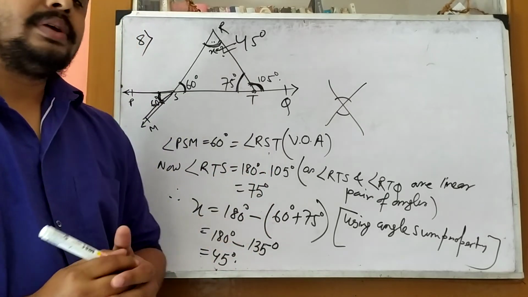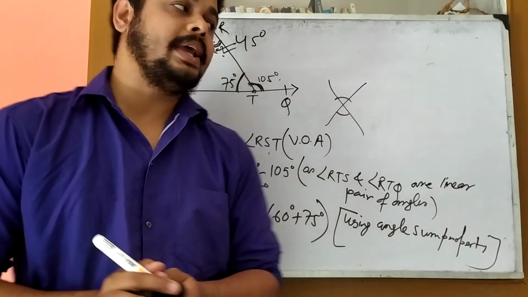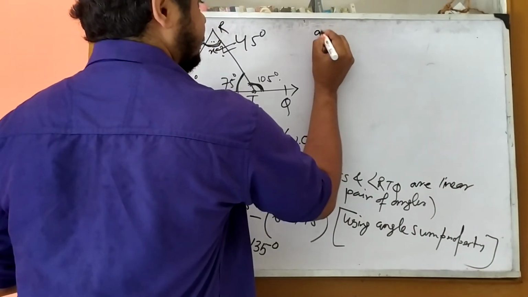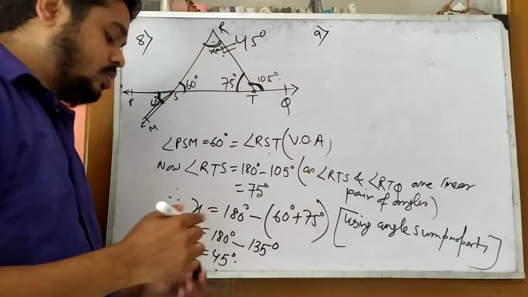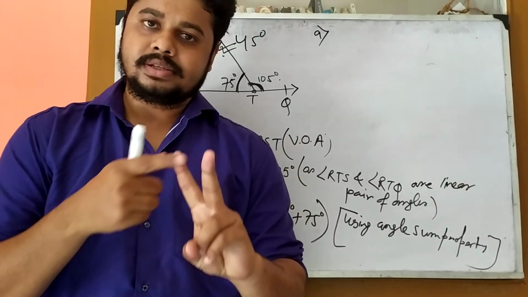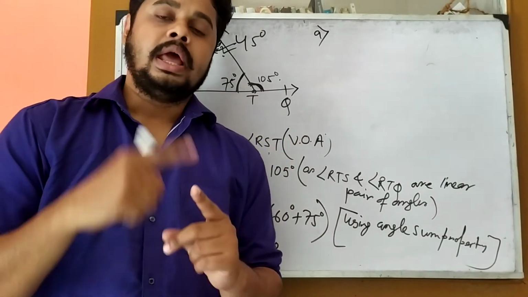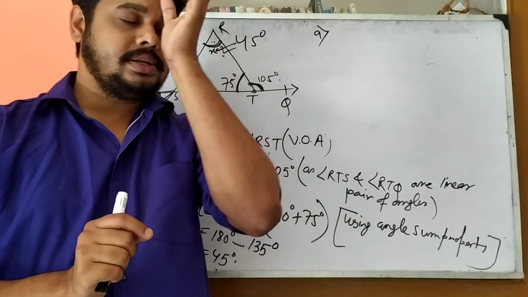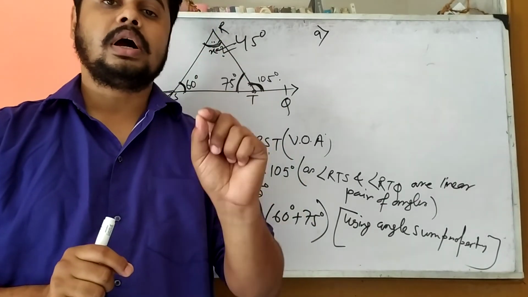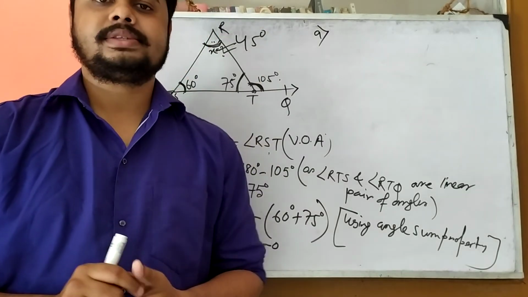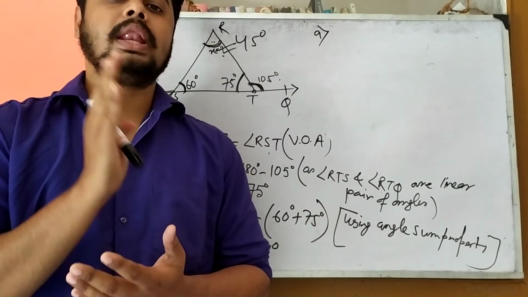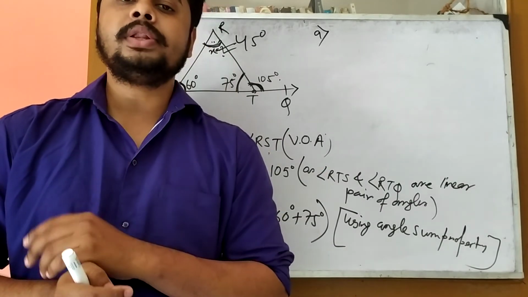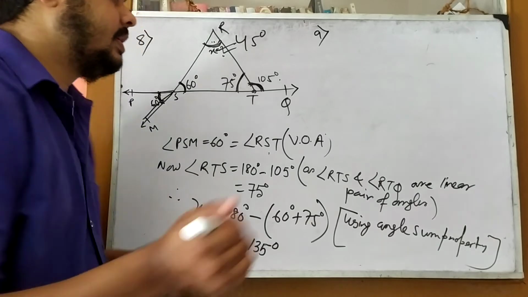Already I mentioned in the previous classes, adjacent angle means that there will be two angles, and both angles will have a common side and common vertex, and both angles will lie on opposite sides of the common arm or common side.